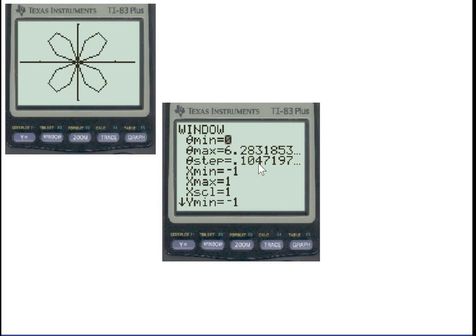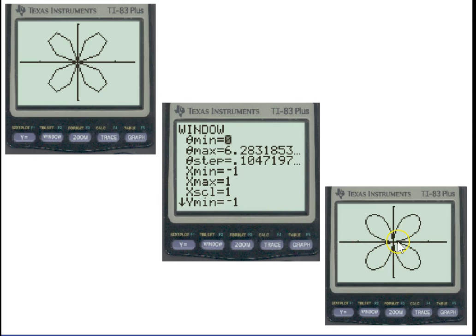By the time it goes through one full revolution, I want it to take 30 calculations and connect 30 points together here. So this is pi divided by 30 right there. And then click back on graph when you get that done, and you get yourself exactly or very close to what we had before. There's your rose curve curving out, and that's kind of cool. Look at that.